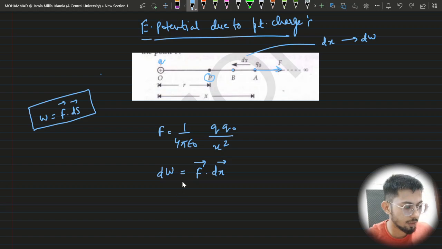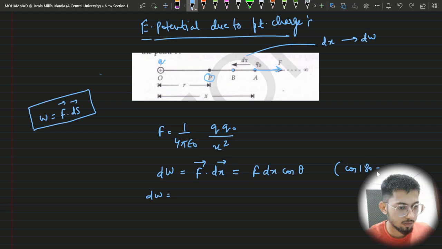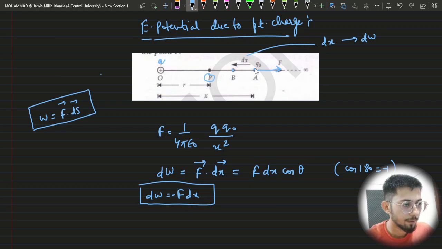So what would the dot product be then? F dx cos theta. Theta is 180, cos 180 is -1. So what we get is minus F dx. This is the small work done in moving this test charge from A to B, right?